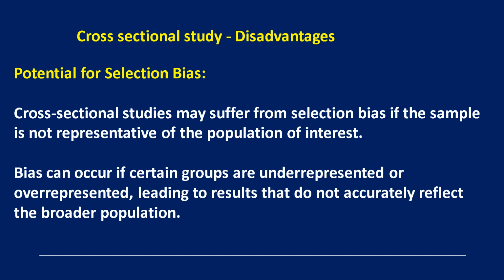So, we have to choose a probability sampling method. Otherwise, some of the subgroups may be underrepresented, some may be overrepresented. What will happen? It can lead to results that do not accurately reflect the population. So potential for selection bias is a disadvantage of cross-sectional research.